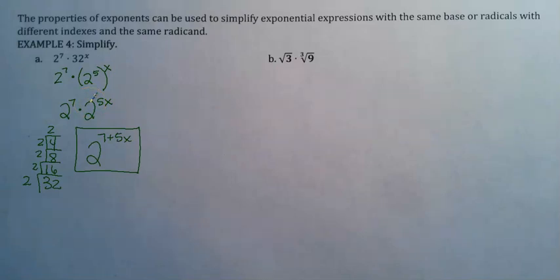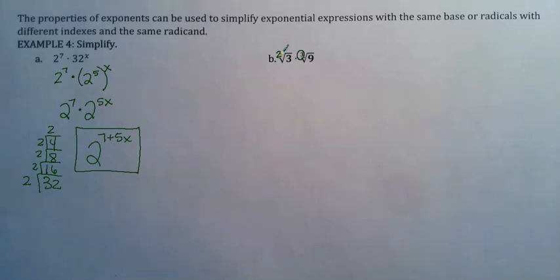All right, so here we have the square root of 3 times the cube root of 9. It's kind of the same thing as the exponential notation. Here we have to have the same index. Pardon me, yikes. So they have to have the same index. This one's 3, and this one is 2. We never write it, so we assume it's a 2.